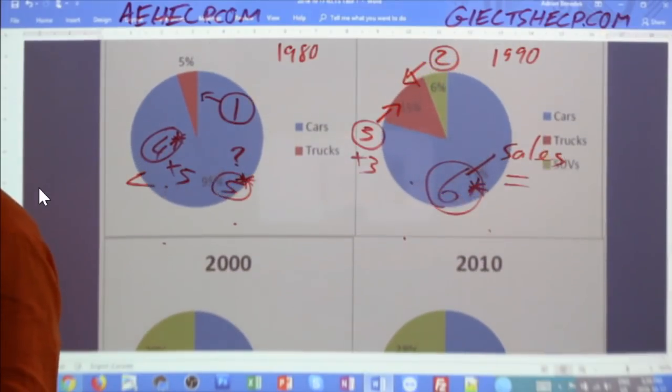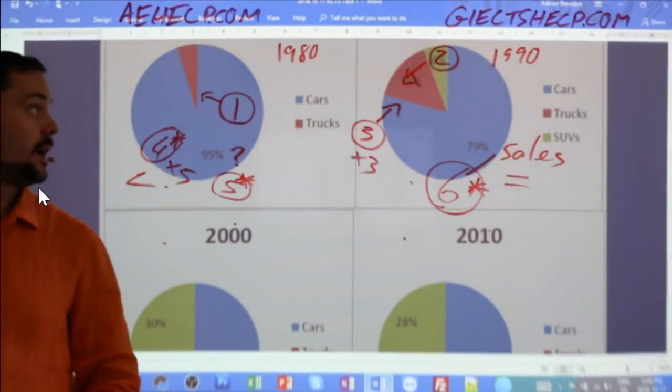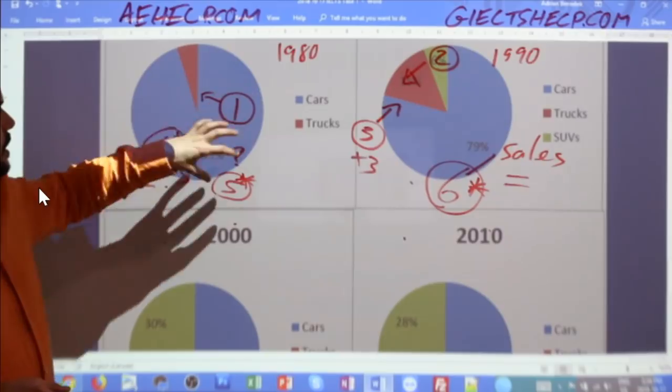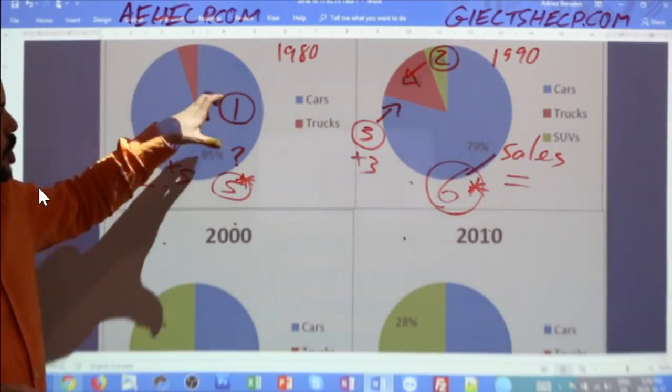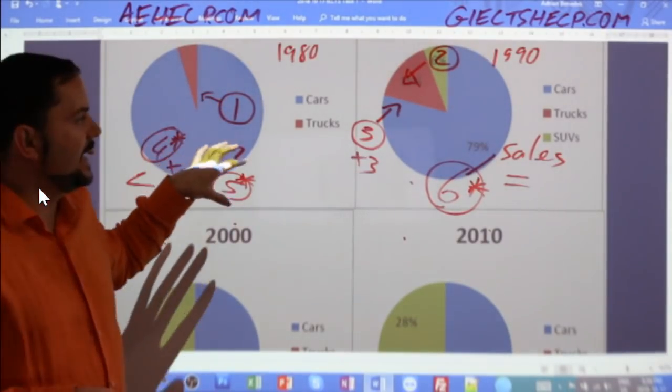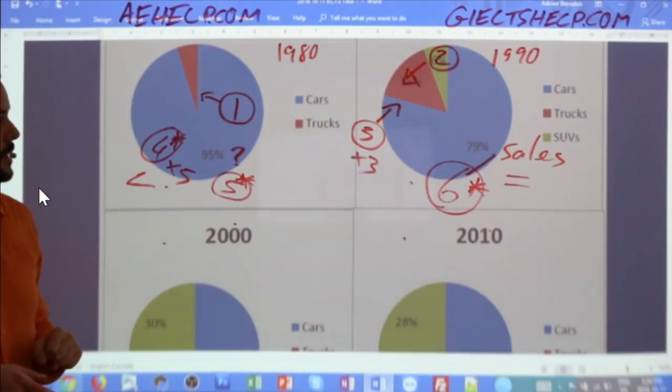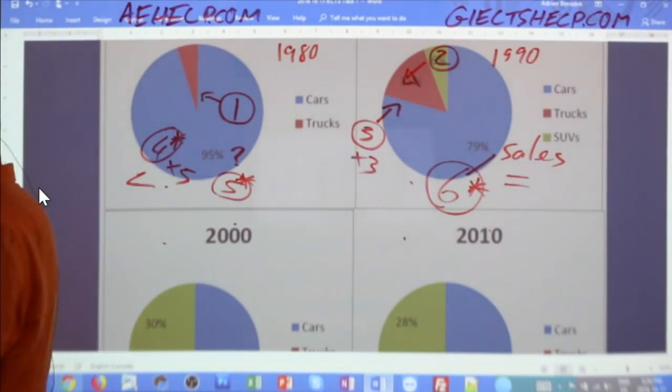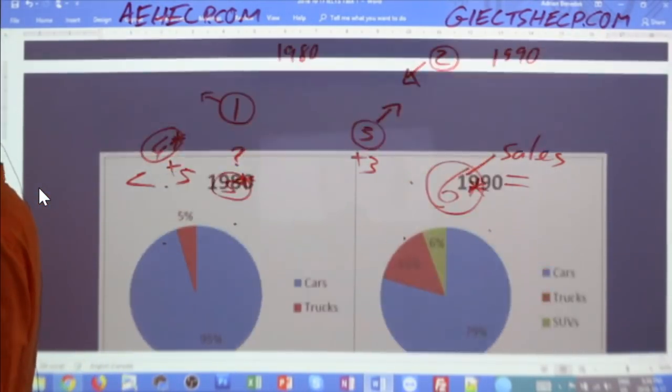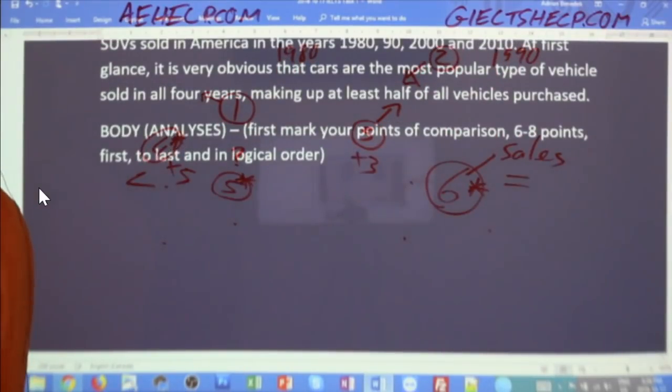So our point number 1 is clearly this huge market for cars in 1980. Let's talk about that first. Now, here we go. Each one of these points deserves at least one sentence. Sometimes you can join them in complex or compound sentences, but they generally deserve one sentence.